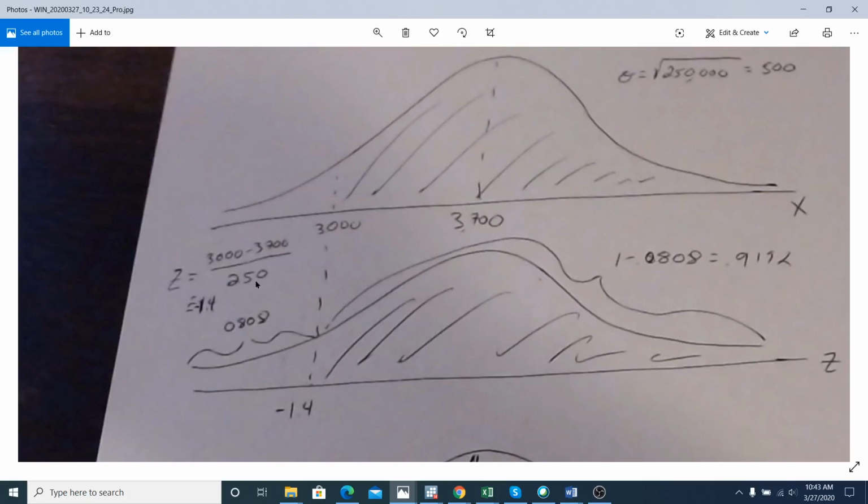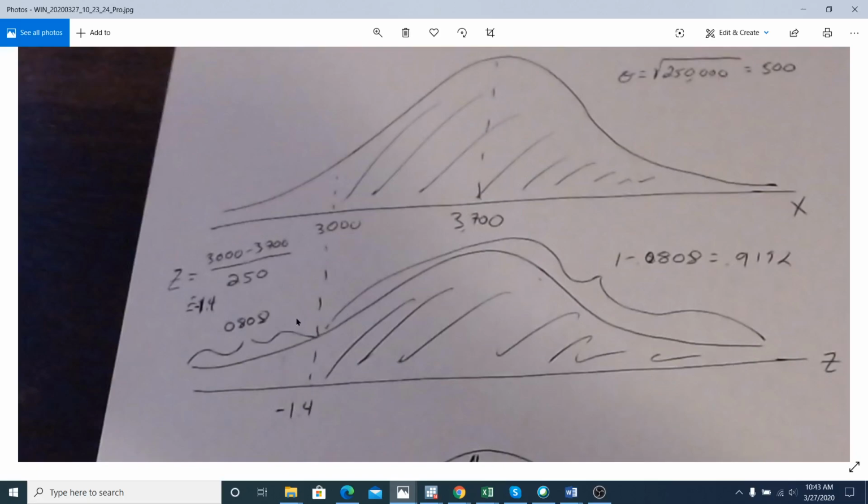Why did I write 250 here? I don't know why I did that, so I apologize. I was doing this quickly before I got on here. It should be 500. When you do this math, the denominator should be 500, and it would give you negative 1.4. So we've got negative 1.4 as my z-score.